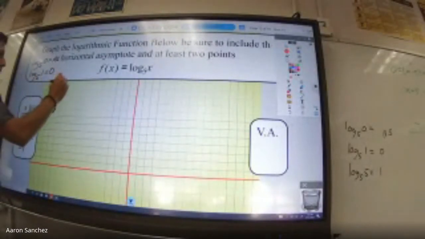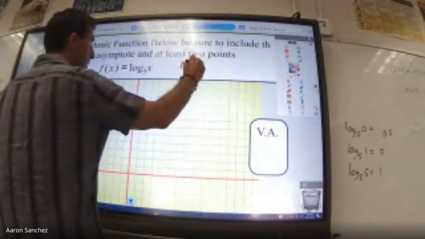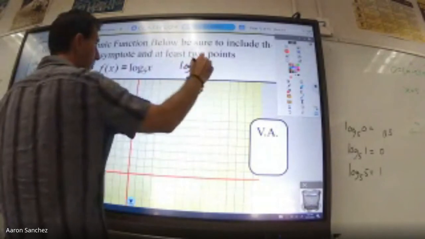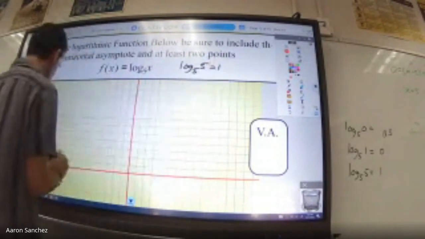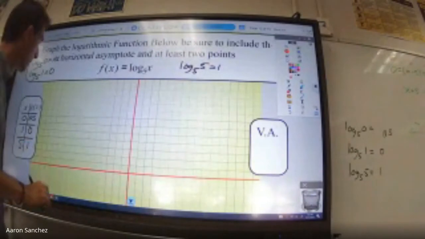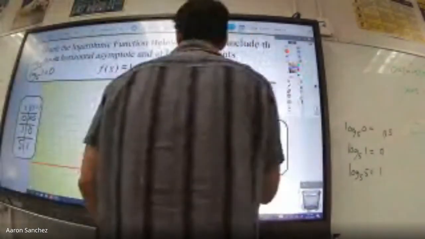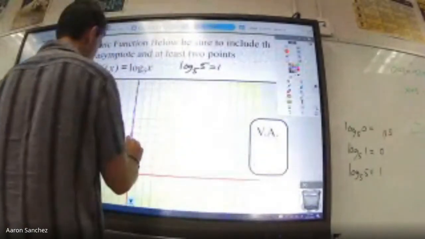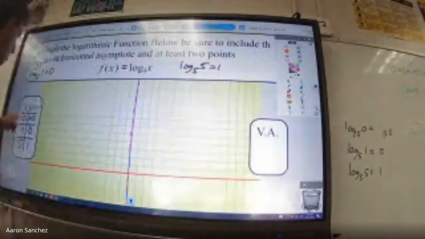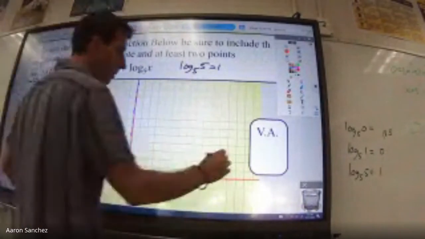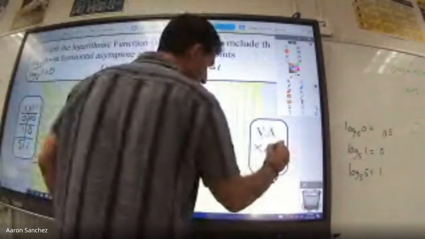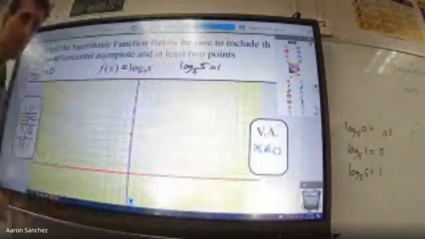And then finally, log base 5 of 5. Where the base and the argument are the same, that will equal 1. My no solution is x equals 0. That will be my vertical asymptote. So that's this right here. X cannot equal 0.